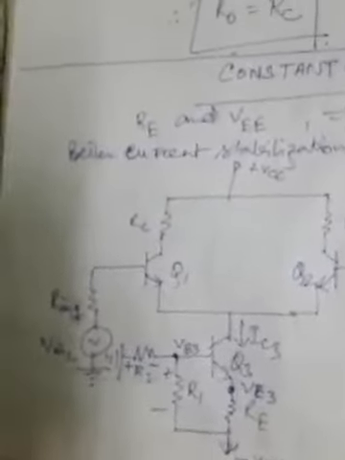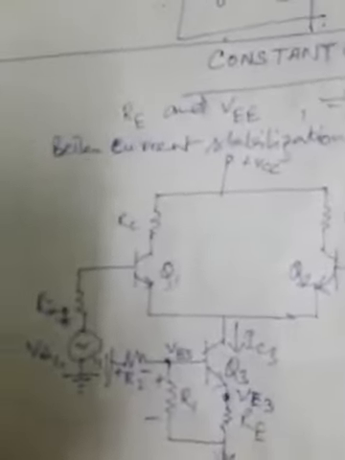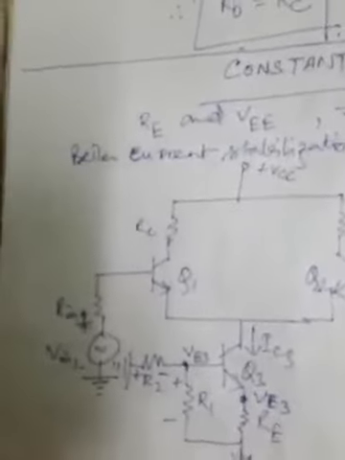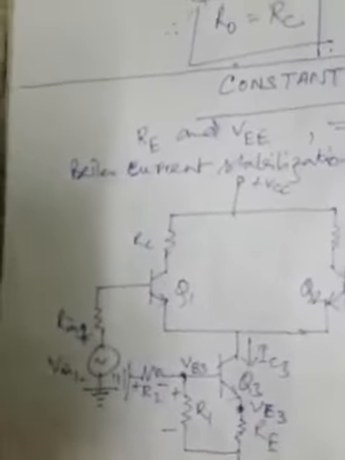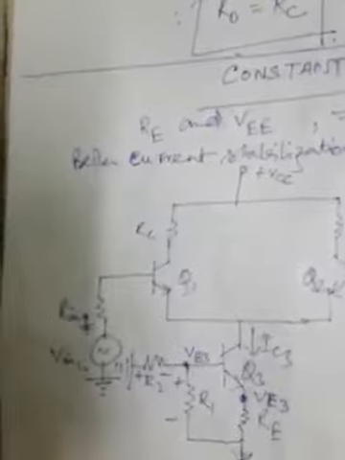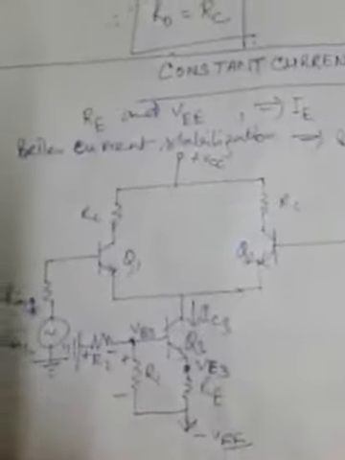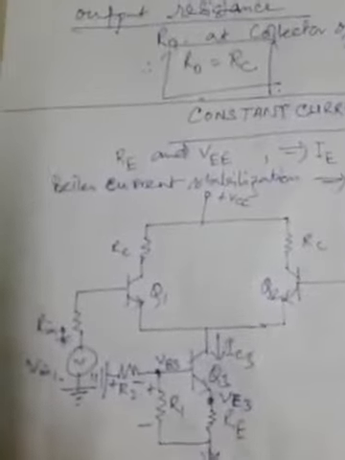Now in this configuration, which is the modified form of the normal dual input balanced output differential amplifier, a resistive constant current bias is used. It should be noted that the resistor RE from the normal configuration is replaced by a constant current transistor Q3 in this circuit.